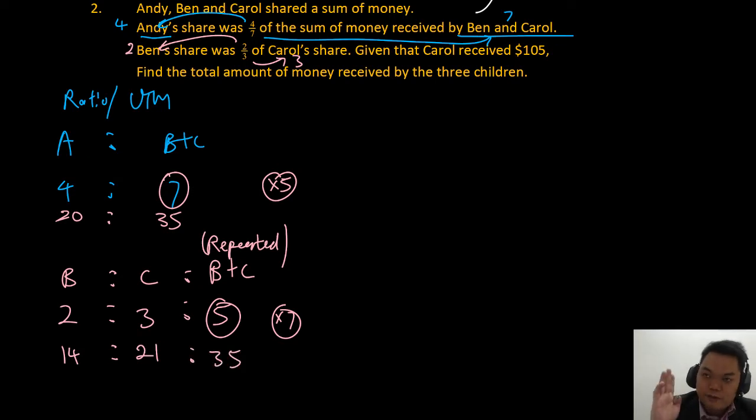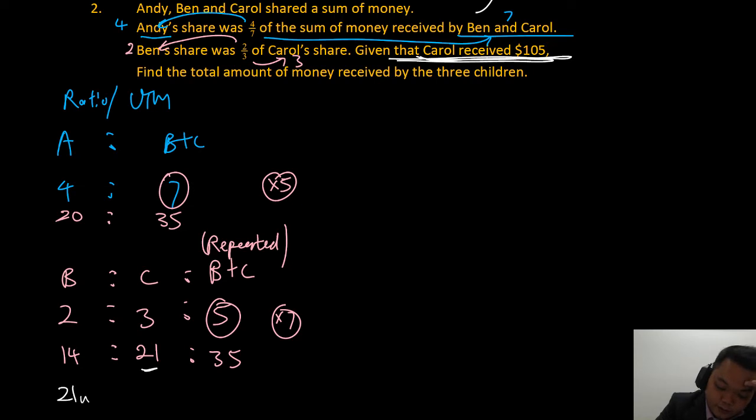Once you have done this, the next thing is to look back at the question for further information. You always want to be thinking about finding out one unit first. Because Carol received $105, this 21 units has to be $105.